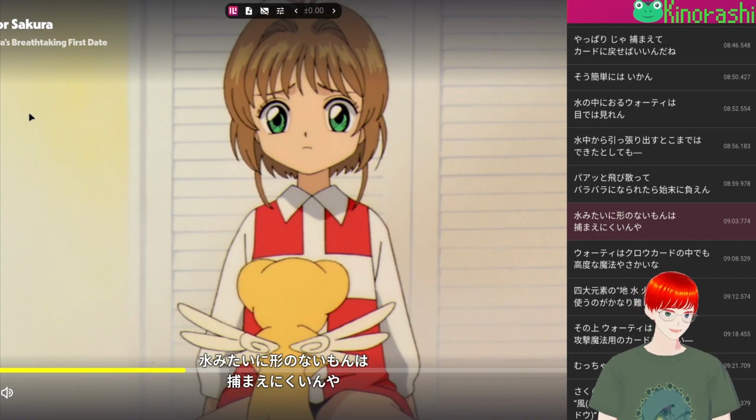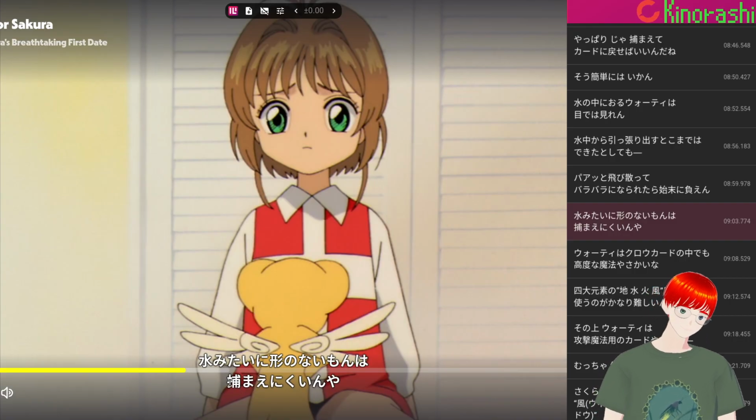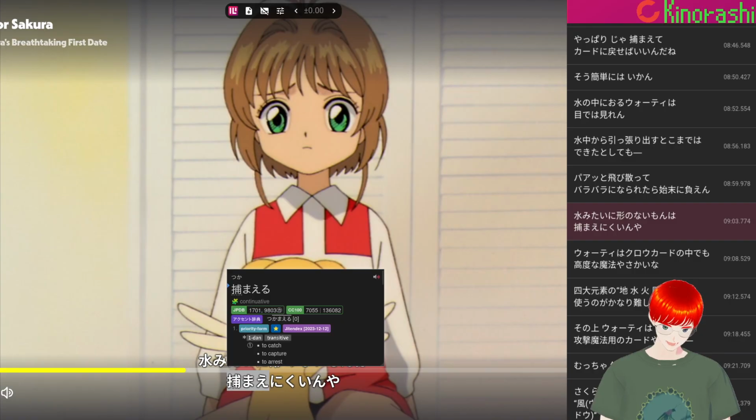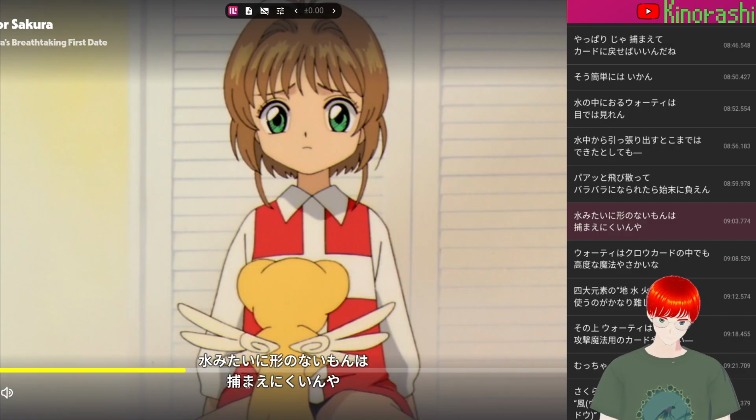Let's see. Oh, nikui is a verb on its own. Okay, so hateful, detestable, vexing, provoking, difficult to. Oh, so that's not the ni particle. That's just the word itself, nikui. Nikuinya. So, tsukamae nikuin.